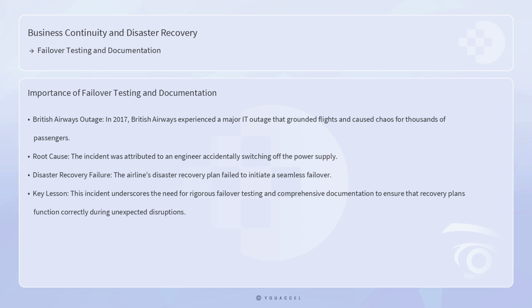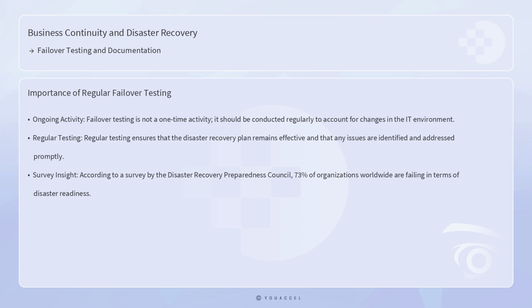Moreover, failover testing is not a one-time activity. It should be conducted regularly to account for changes in the IT environment, such as software updates, infrastructure upgrades, and changes in business requirements. Regular testing ensures that the disaster recovery plan remains effective and that any issues are identified and addressed promptly.